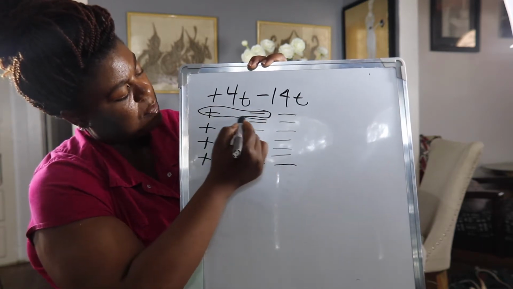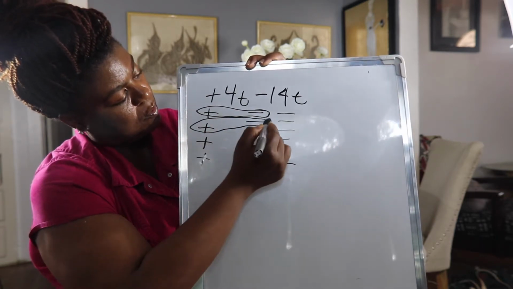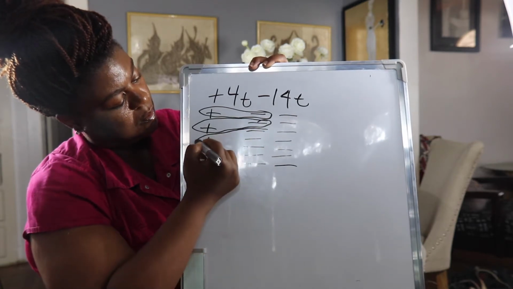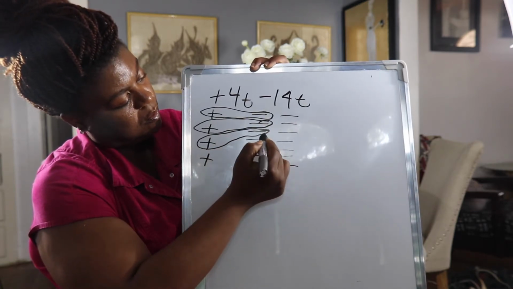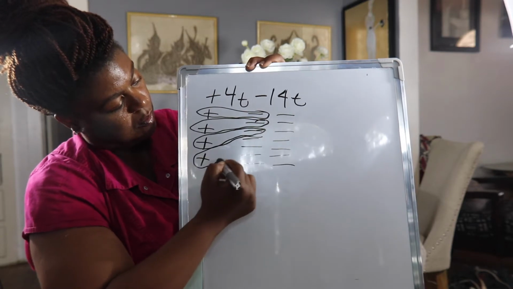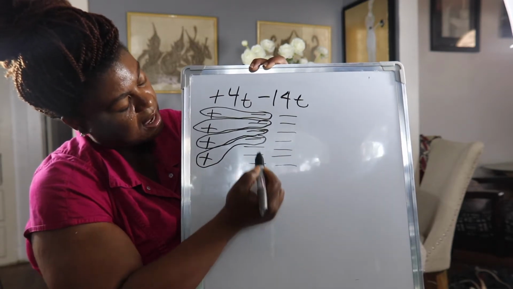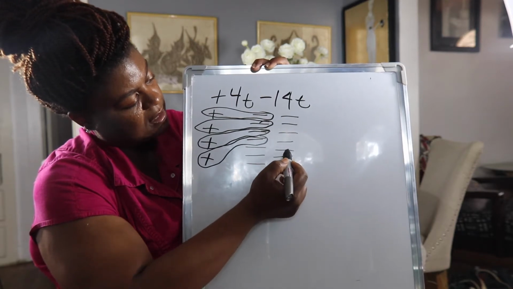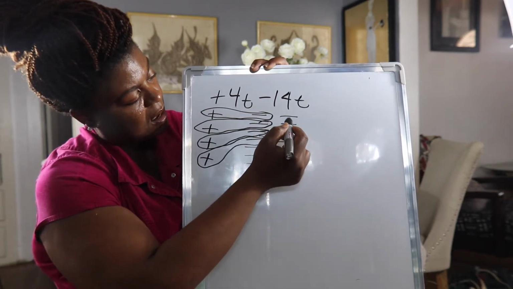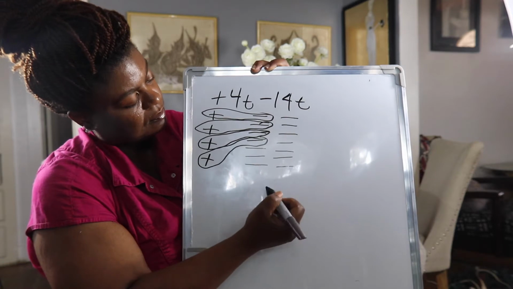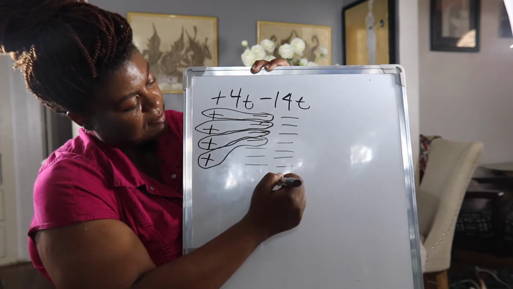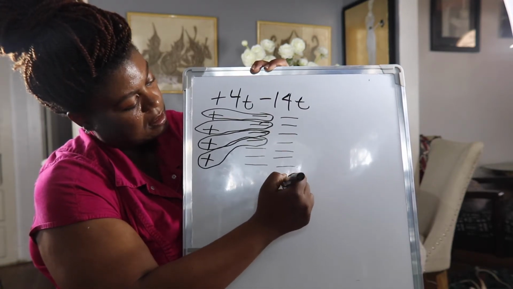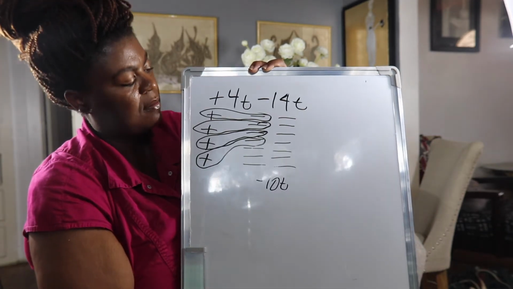We're doing our 0 pairs. Let's see what we have left. 1, 2, 3, 4, 5, 6, 7, 8, 9, 10. We have 10t and they're negative.